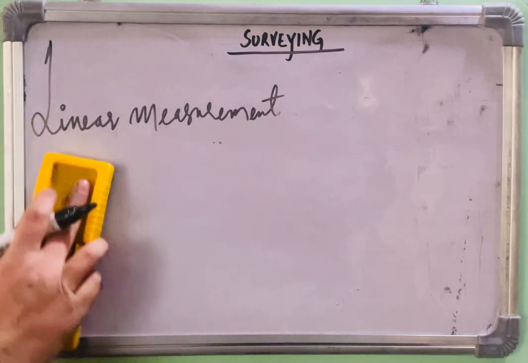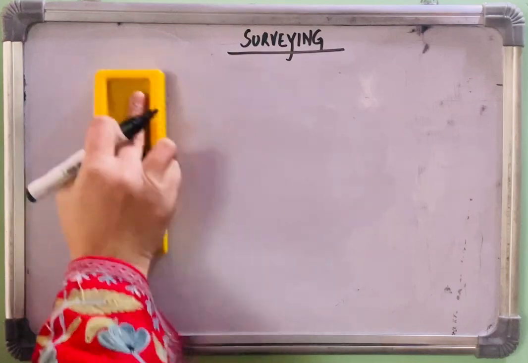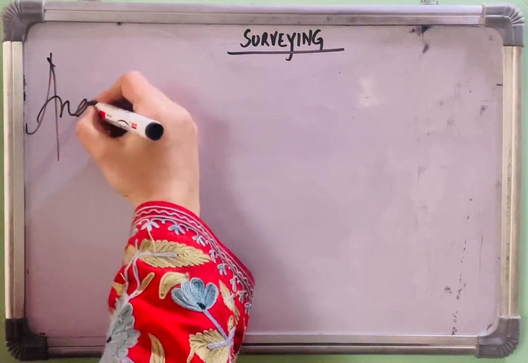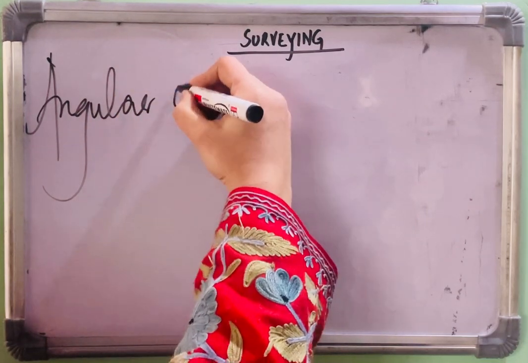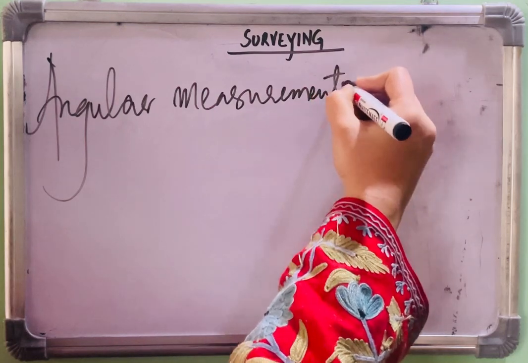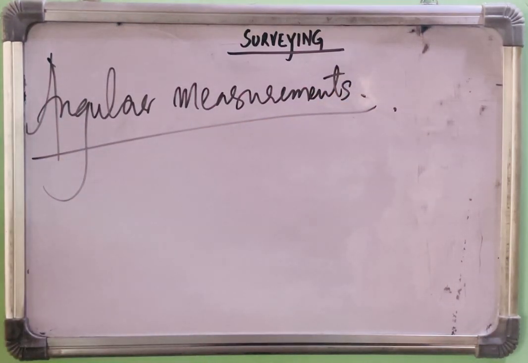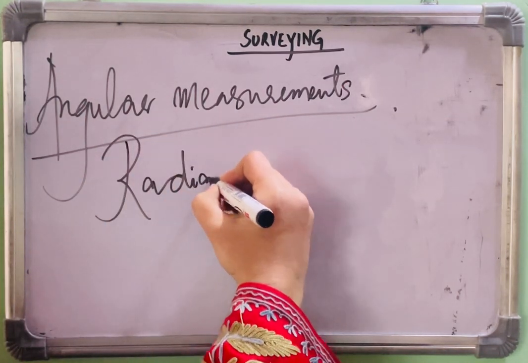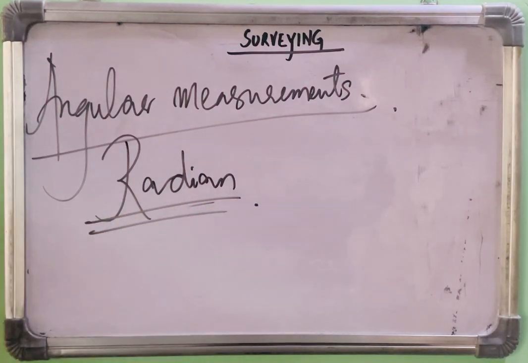Now let's study angular measurements. The basic unit of measurement of an angle is radian, right?